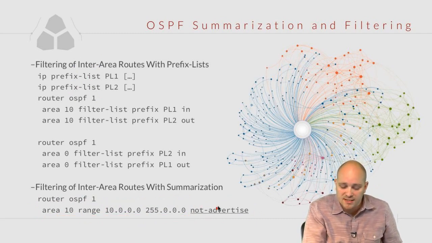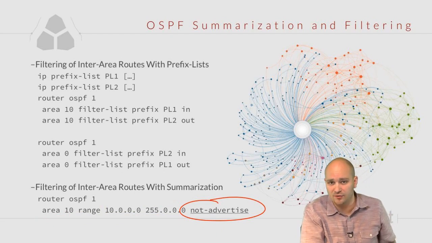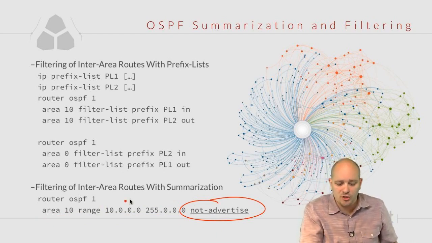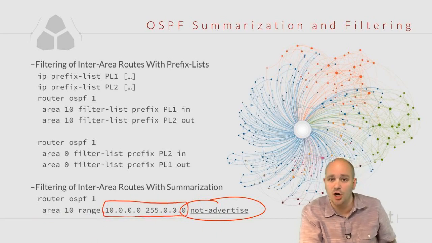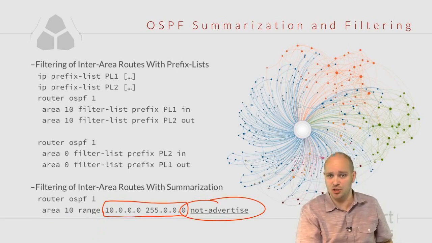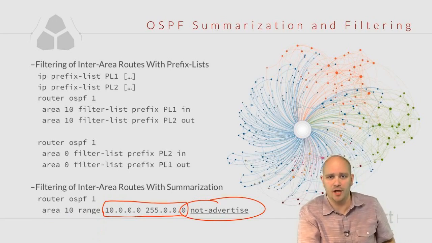But if we use this special keyword not-advertise at the end of the area range command, what's going to happen? All routes that are covered by this range here are simply not going to be advertised and not going to be injected into a particular area.